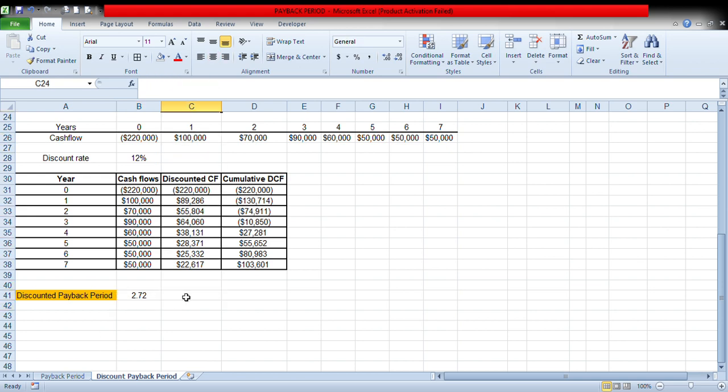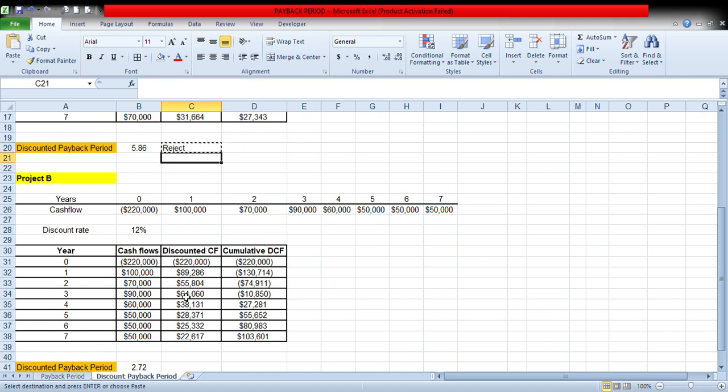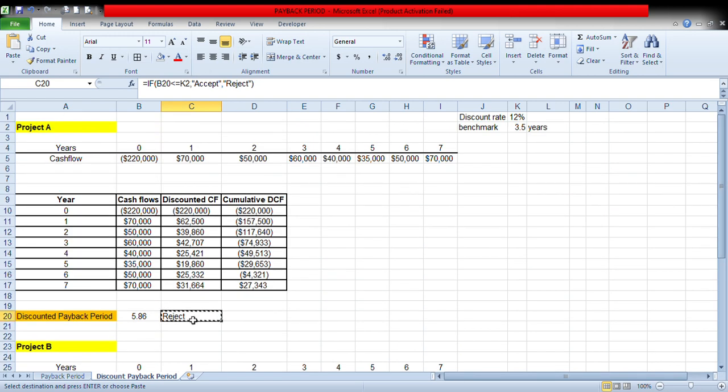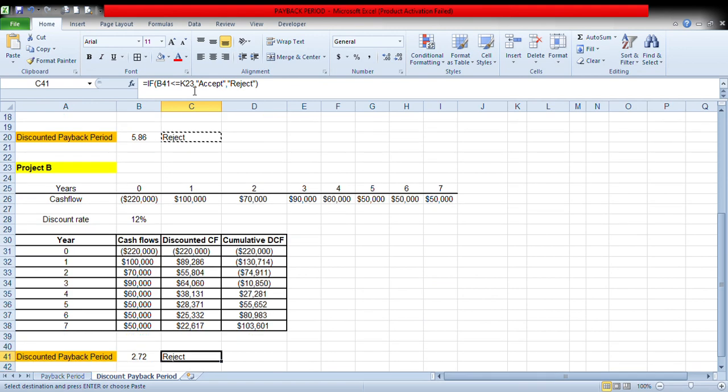To do this, we copy and paste the formula. I just need to lock this before pasting the formula. Copy this and then paste it.